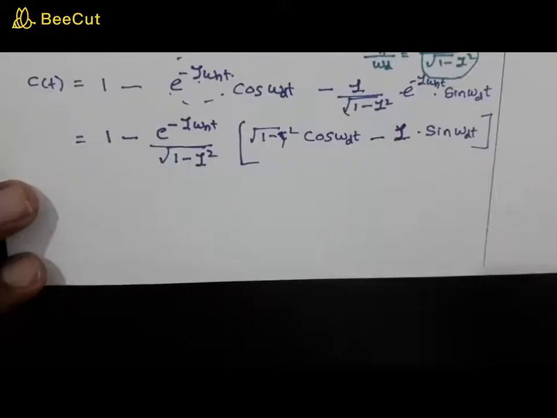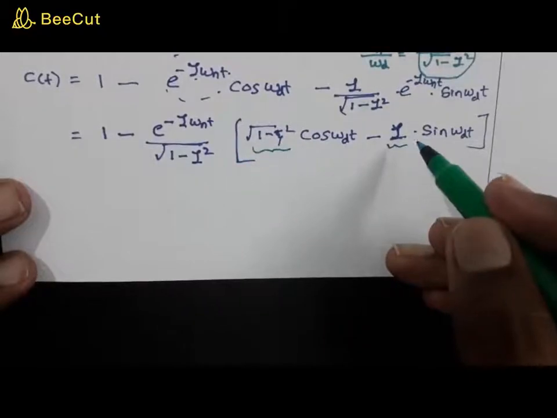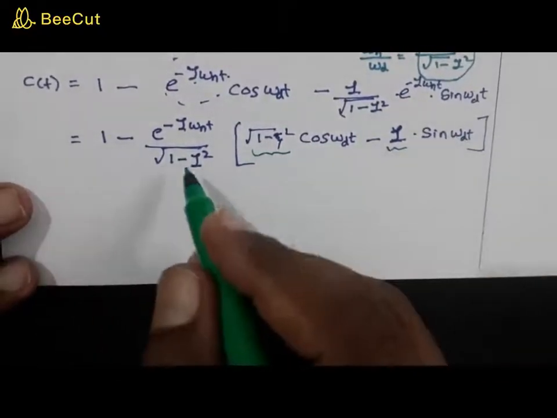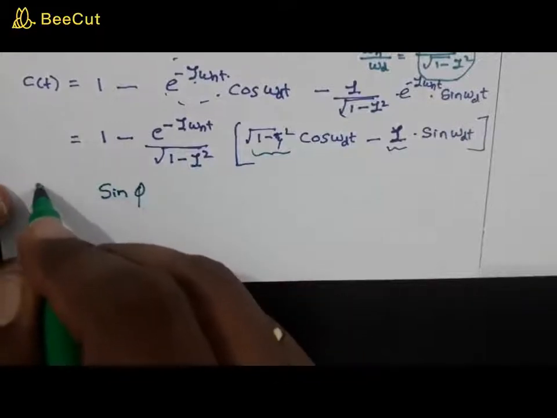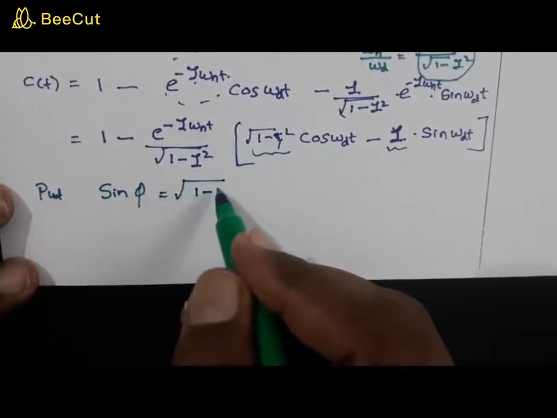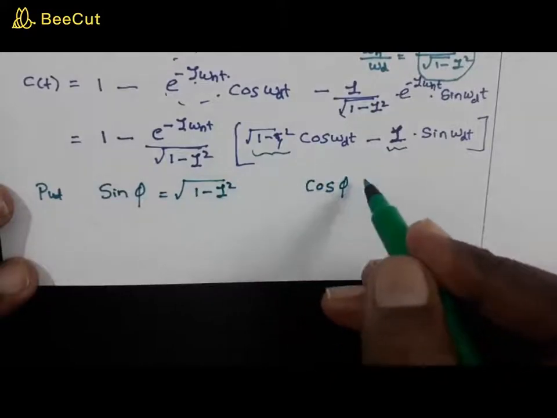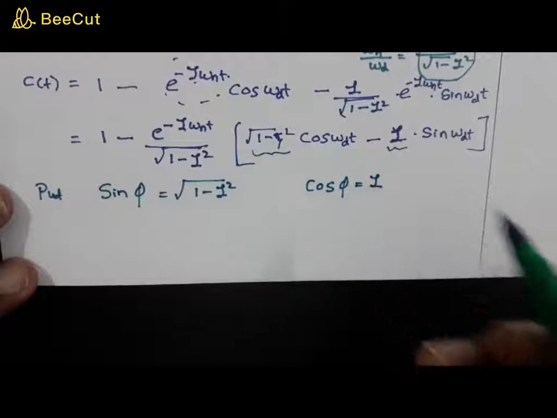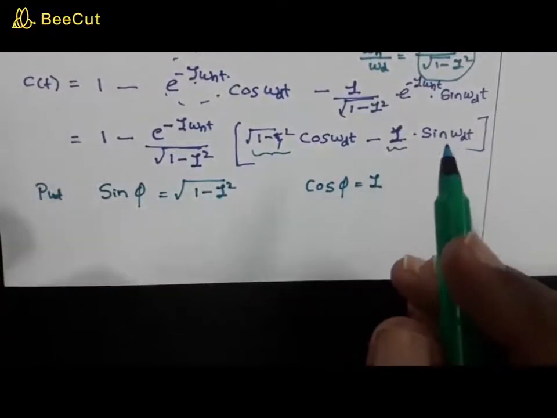Okay. Now what I'm going to do is I am assigning these values, that is root of 1 minus theta square and theta, to another trigonometric function. Simply put, sine phi is equal to root of 1 minus theta square, while cos phi is equal to theta, and you will understand what is the implication of this phi after a while.